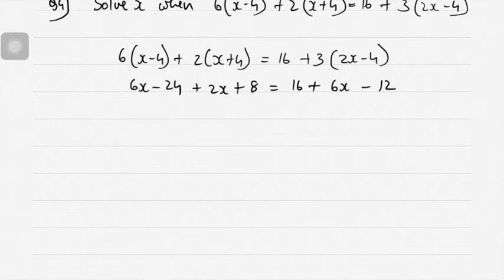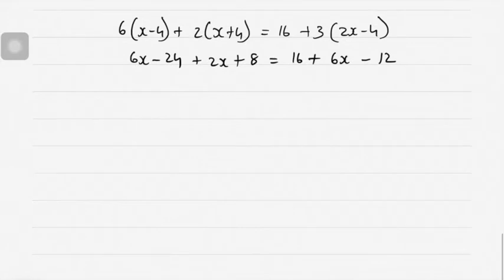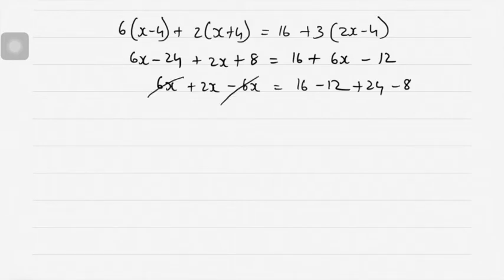We will write x terms on one side and number terms on the other side. So 6x plus 2x, this 6x is coming this side, so it will become minus 6x. Okay, 16 minus 12. 24 I am bringing that side, minus 24 will become plus 24 and 8 will become minus 8. Okay. 6x minus 6x, so only 2x is remaining here.